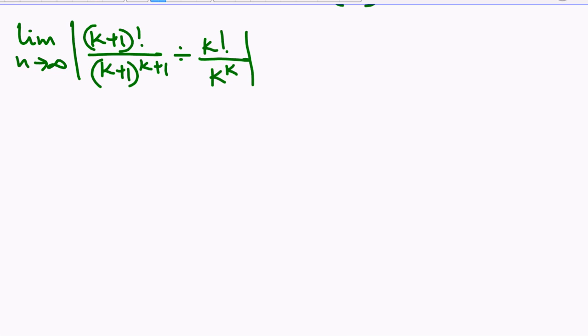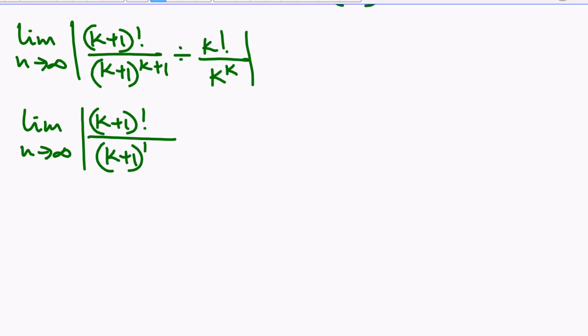This will be equal to the limit as n approaches infinity of the absolute value of k plus 1 factorial over k plus 1 to the power k plus 1, multiplied by k to the power k over k factorial.